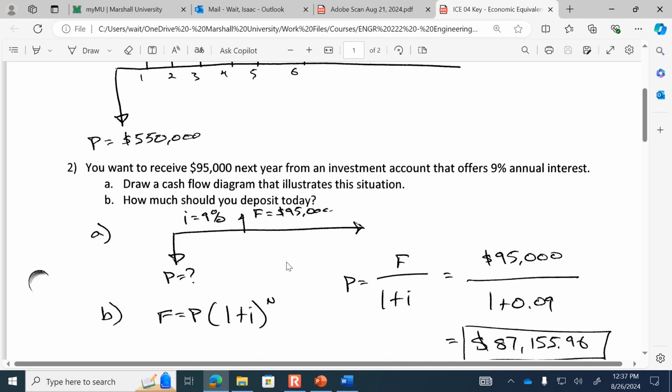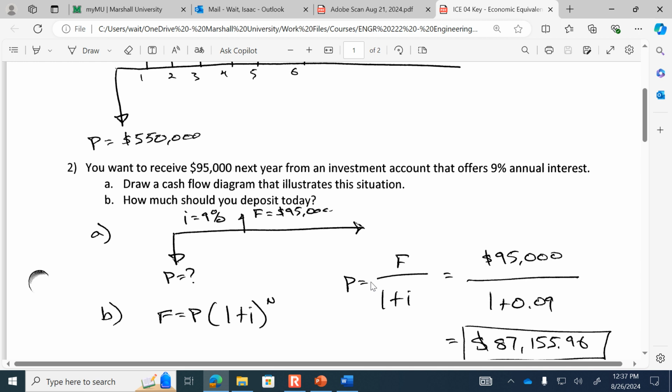So the amount that you should deposit today is $87,155.96. You need to be accurate to the nearest penny to get the right answer. Don't round off to the nearest $10 or the nearest $1. We'll take it to the nearest penny, which we can do when we've got the equation method.